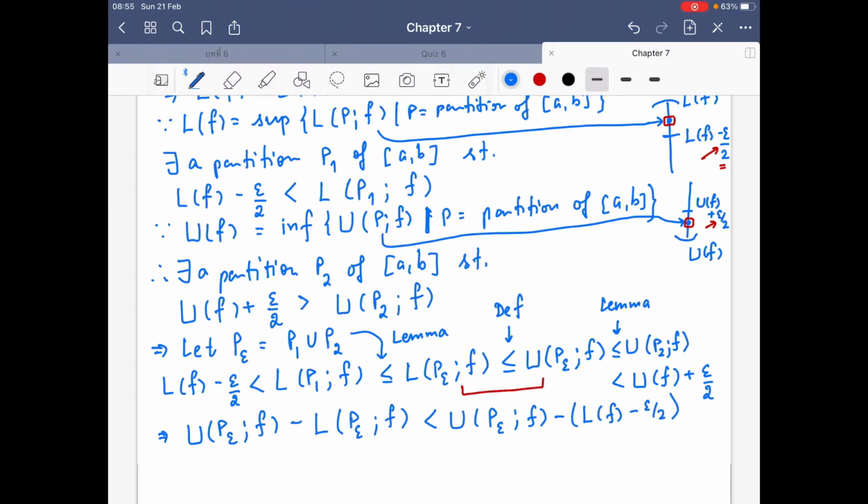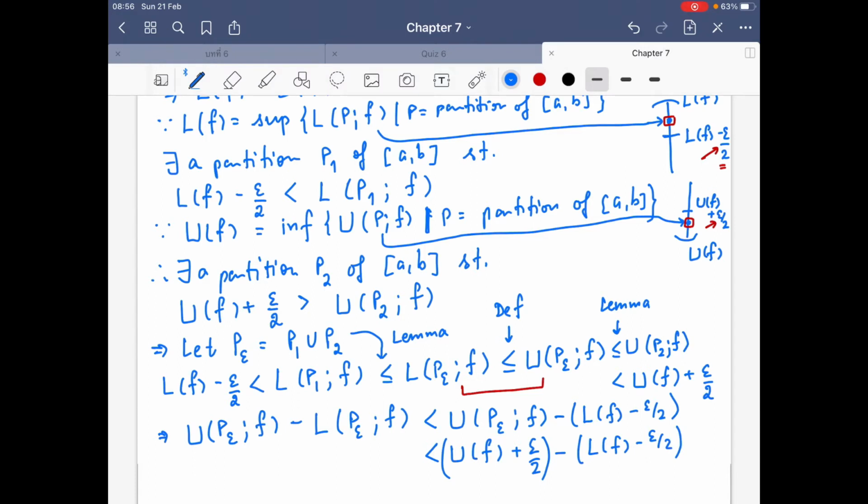And then you use this inequality as well: the upper sum is less than the upper integral plus epsilon over 2. So you use this with P epsilon, and it will be the upper integral of f added by epsilon over 2, and then subtract this one, just leave it as it is.